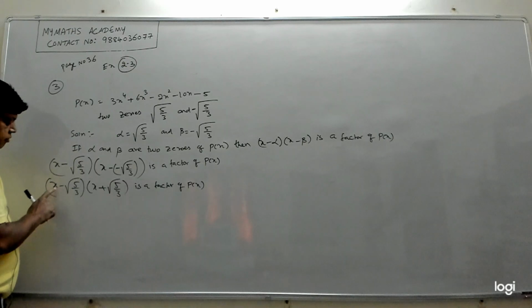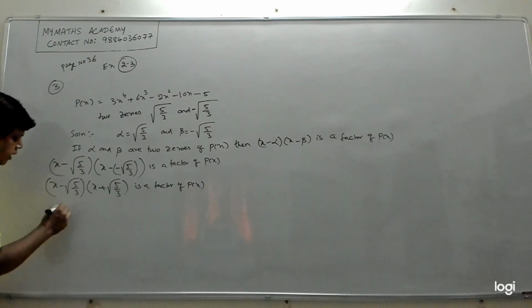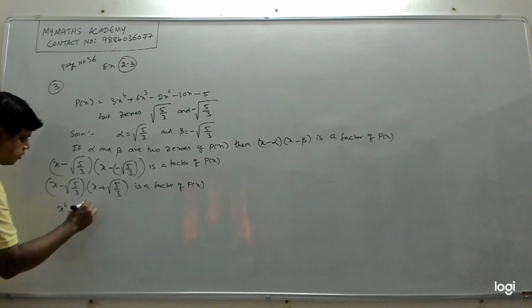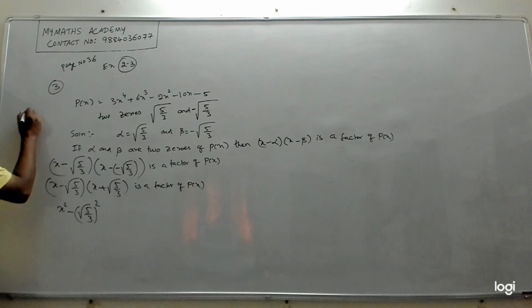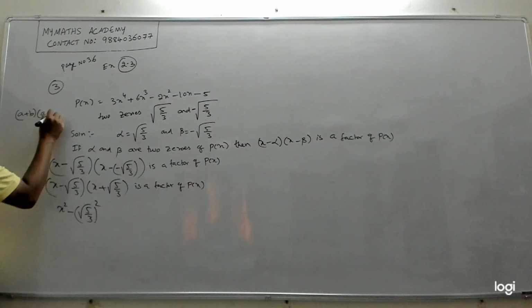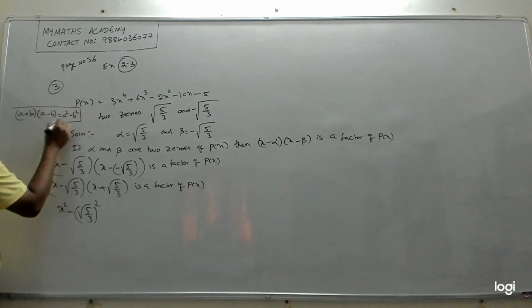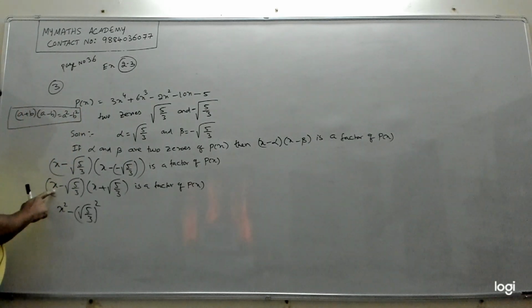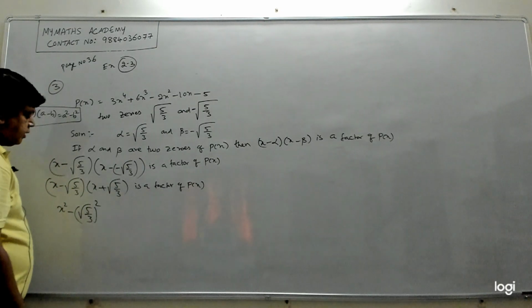This is in the form of a minus b into a plus b, which is a square minus b square. Right? So here a is x and b is root of 5 by 3.